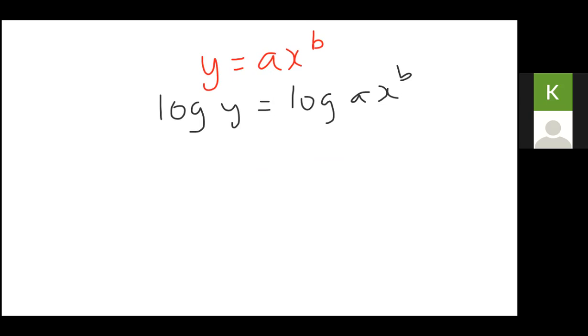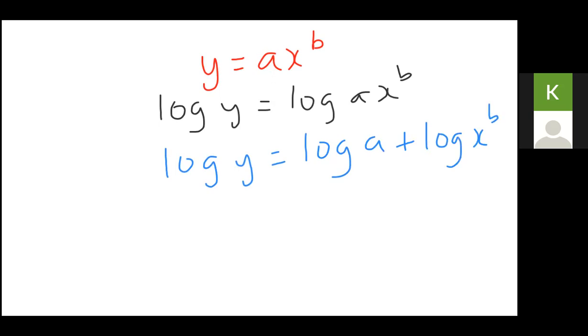Remember, our aim is to get the uniform y is equal to mx plus c. The next thing you would do is this. Log of ax to the power of b can be rewritten as this, to the power of b, right? According to our law.